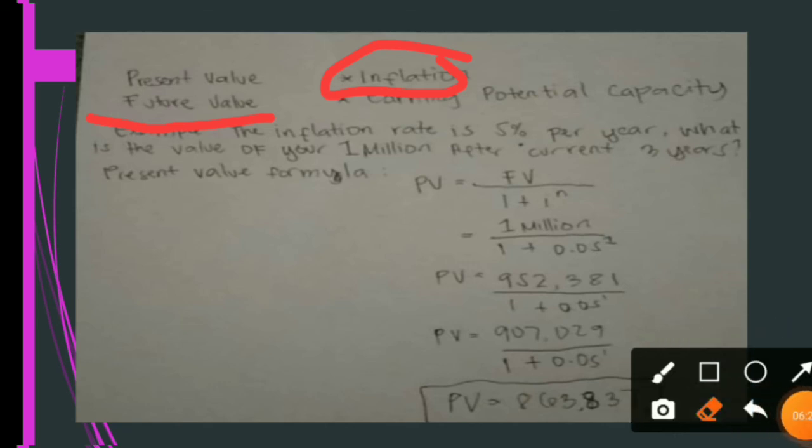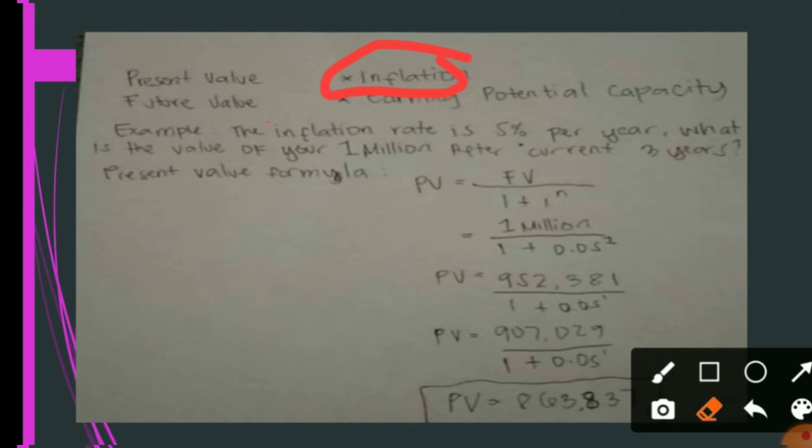So, example is the inflation rate is 5% per year. So, what is the value of your 1 million after current 3 years? So, ano daw yung value ng 1 million after ng current 3 years?